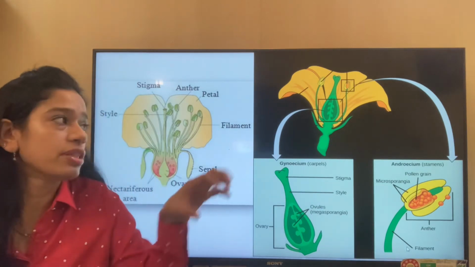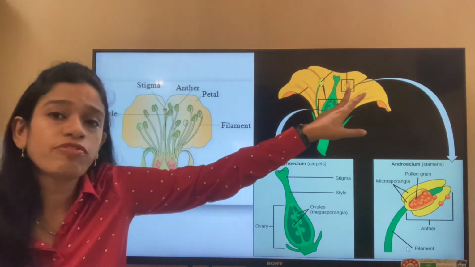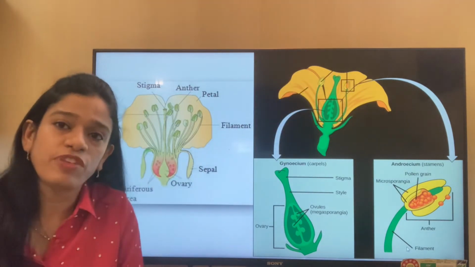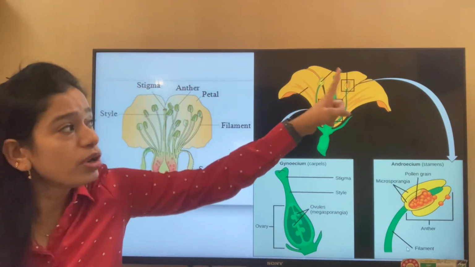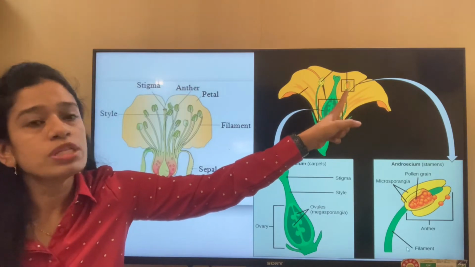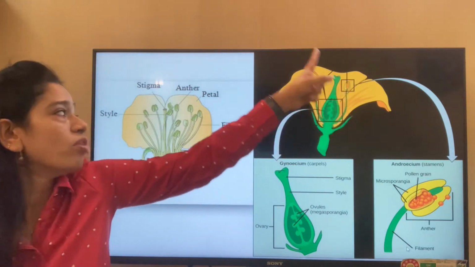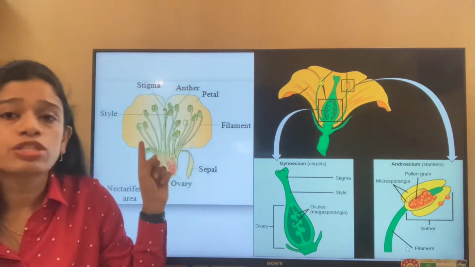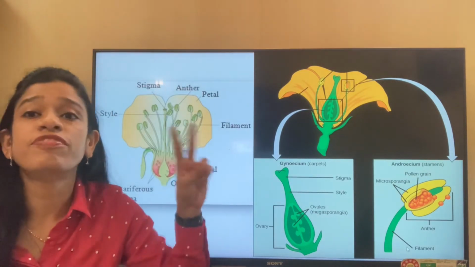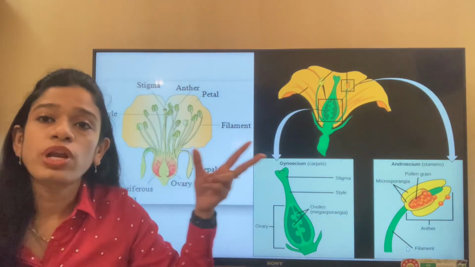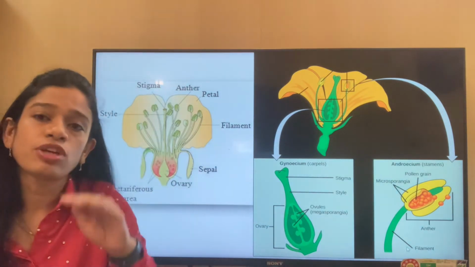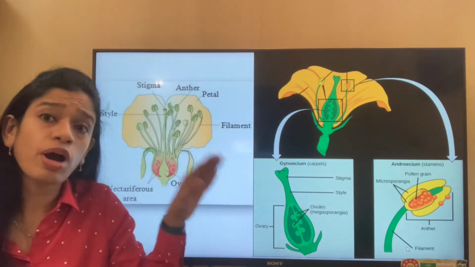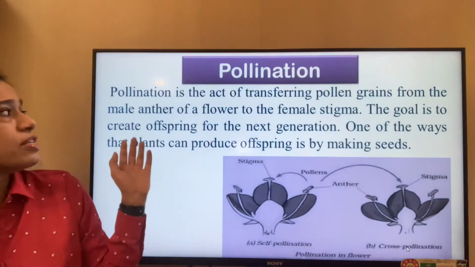But if the pollen of this flower goes and settles onto the stigma of another flower, it is called cross-pollination, because the flowers are different. So this is called pollination.